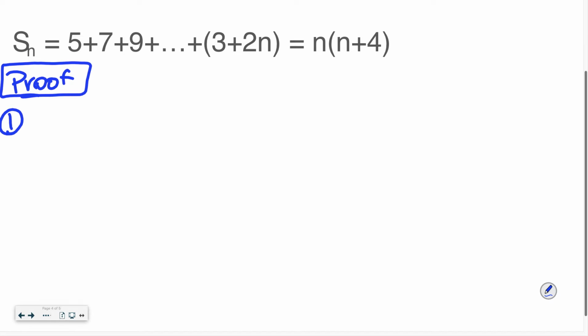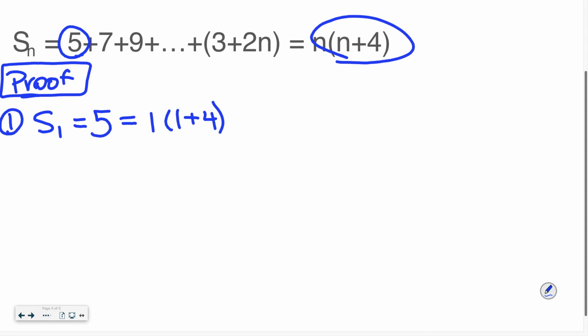The first step to our proof is proving that it is true for 1. So what is our first term? 5 is our first term. Does that equal what I get when I plug in 1 to the other side? So I took our first term, which is 5. I took this over here and I plugged in 1. Does it work?